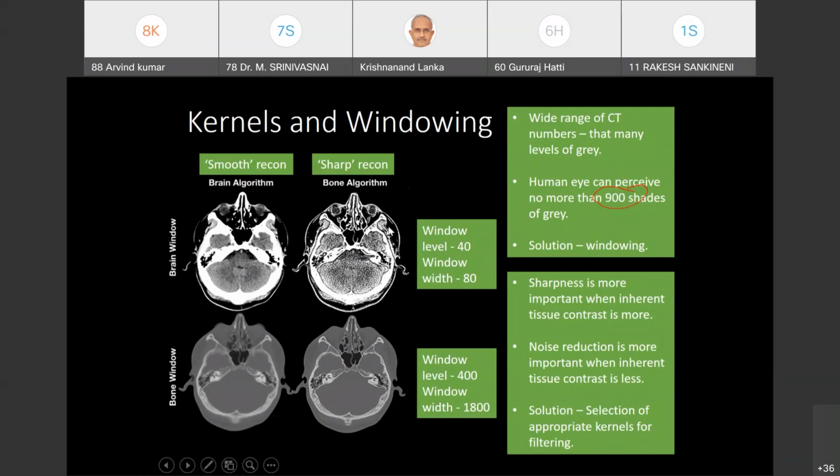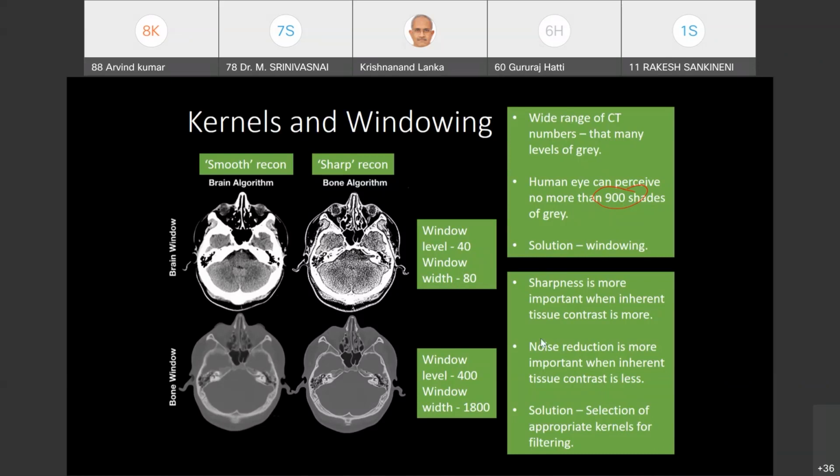But at the same time, our interest is the boundaries. So when boundaries are important for us, naturally we go for a bit sharper image, and sharp means more noise. So by changing the window width and window level, we can choose the appropriate images, to configure as per our requirement.